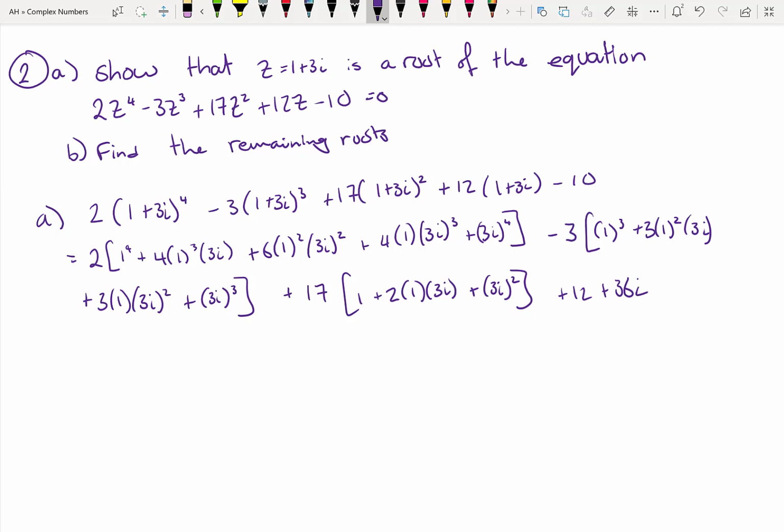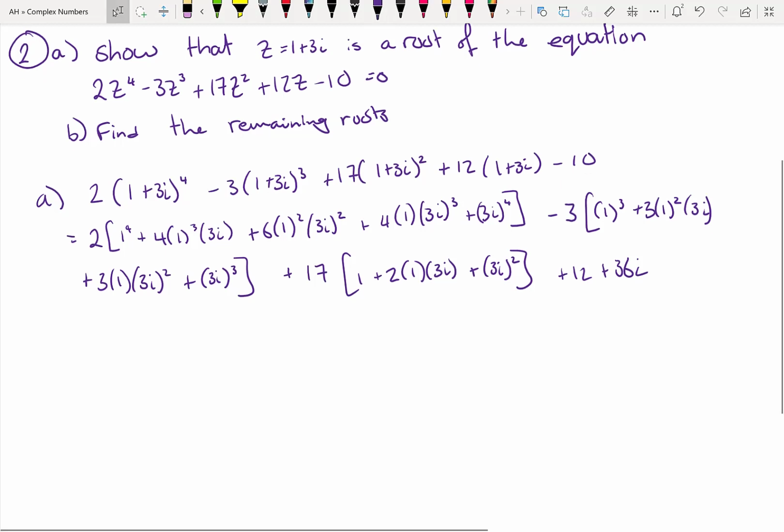And we are hoping that that gets us 0. So we're hoping all our real parts and all our imaginary parts cancel out. So tidying it up, I've got in my first bracket, I've got 56 minus 192i. Okay, you're fortunate that I've already done this for you. We're not going to have to do it again.